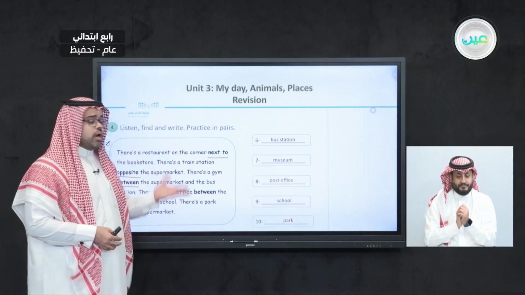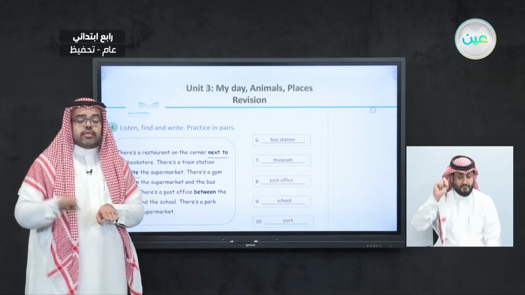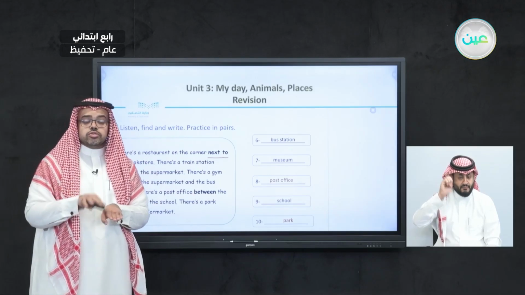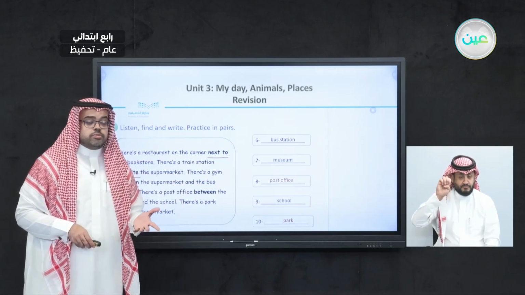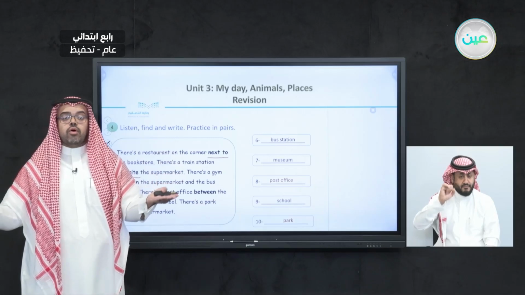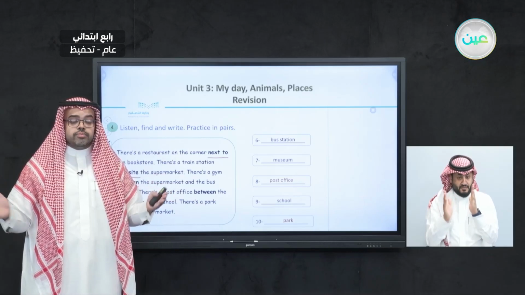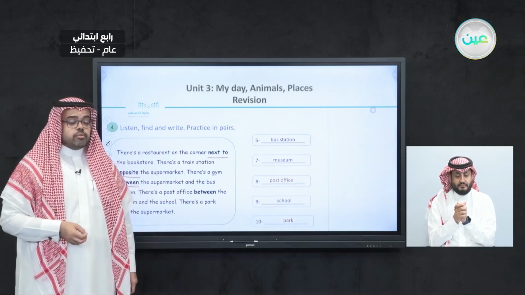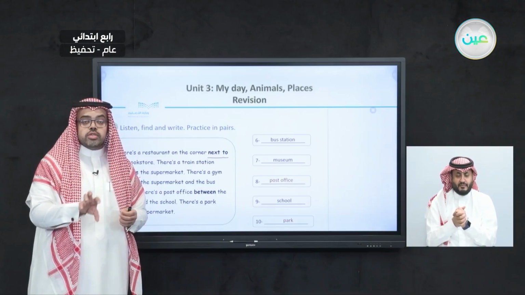For example, next to means side by side, that this place is next to this place. Also, opposite means that this place is on one side and the other place on the other side. And the same goes with between: if there are two places, we use between to talk about the place in the middle.